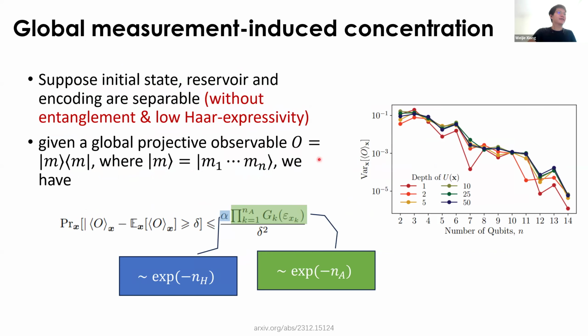So we assume a global projective measurement applied on the final state. And then we found that the probabilistic upper bound scales exponentially in system size, in both the number of hidden qubits and the number of accessible qubits. In the numerics, we show that it's an exponential scaling, and basically the profile is independent of the expressivity.